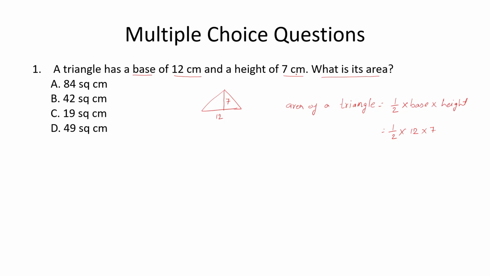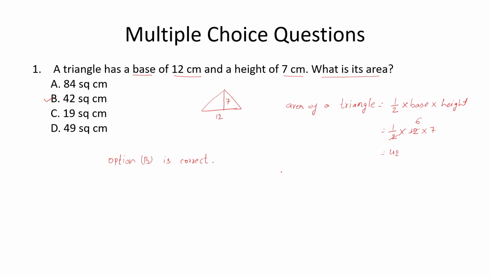Now here you can see that both are given in centimeters, right? So now you just have to solve it. 6 times 7, it would be 42. So option B is correct.